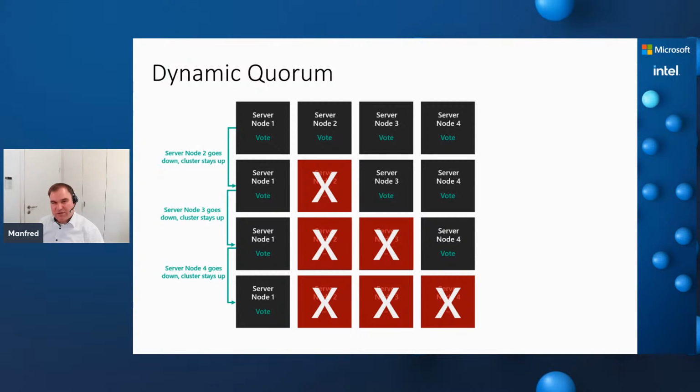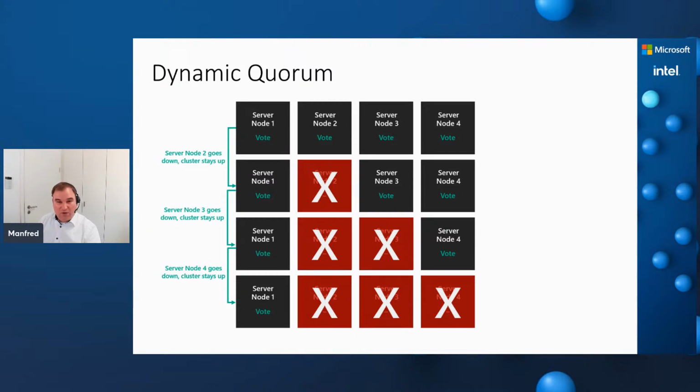If you attended this call, maybe you remember that you always have to ensure that you have the majority of the votes in the cluster. Every node has a vote, and the witness, this can be a file share witness, this can be a disk witness, this can be a cloud witness.